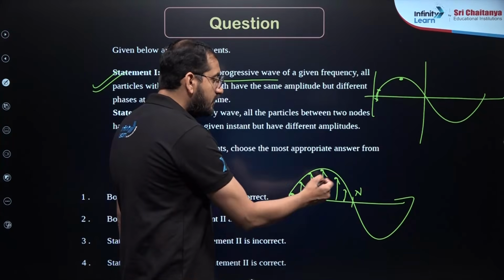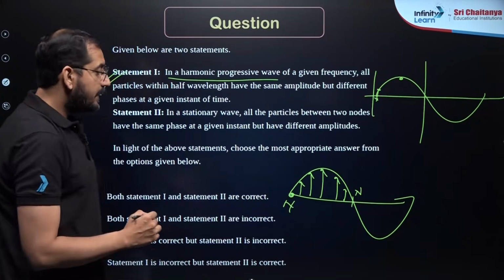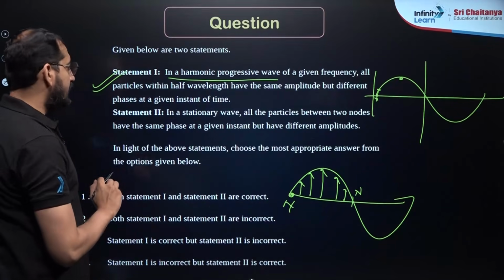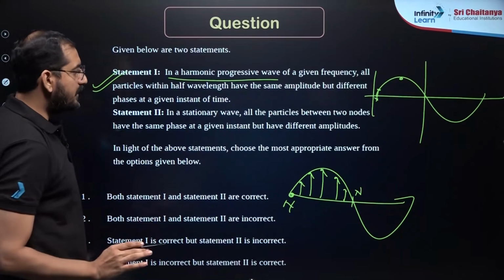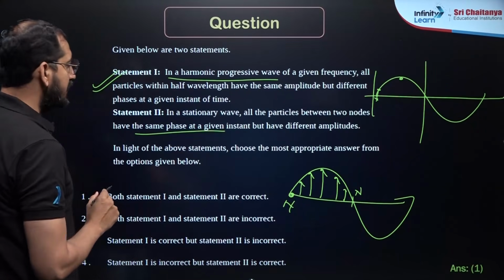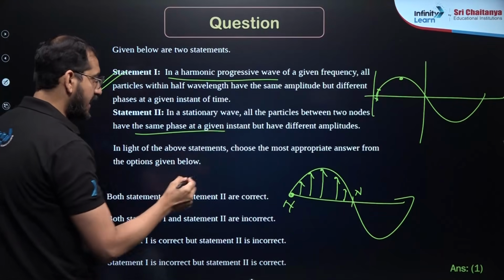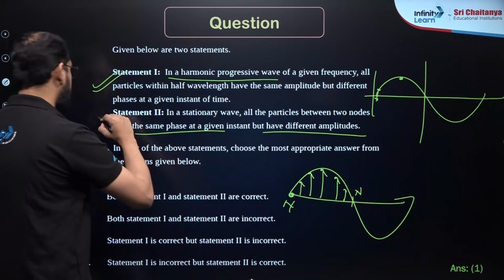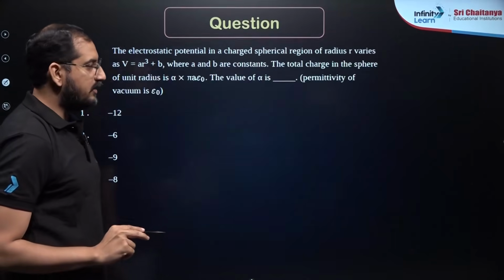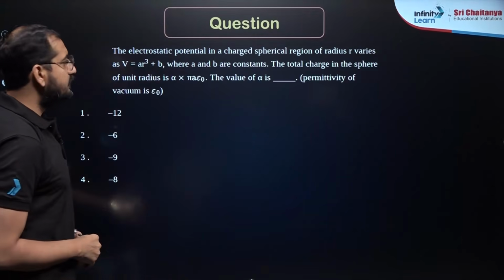So the amplitude is different for all these points, but they are going simultaneously, right? In a stationary wave, all the particles between the two nodes have the same phase but different amplitude. So your statement 2 is a correct statement. Both the statements are correct. Option 1 is going to be our correct answer. Let's move on to our next question.